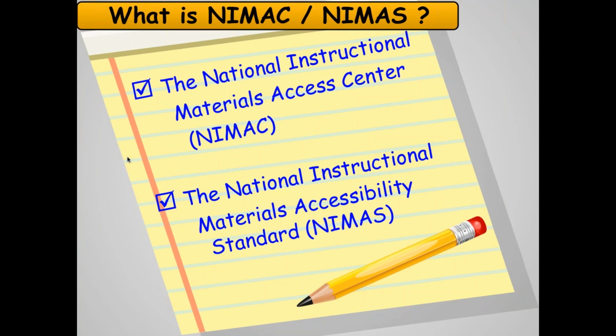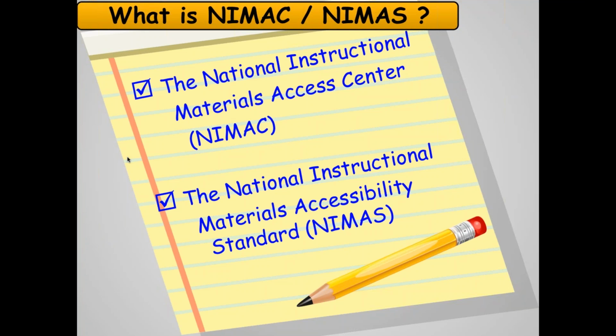In other words, a publisher who sells a textbook to a school district now is also required to make available an electronic version of that to NIMAC. And NIMAC then, through their process, can convert that to either a digital text, large print, audio file, or braille. And this is huge because that's one of the things that can happen now that technology has improved to such an extent.